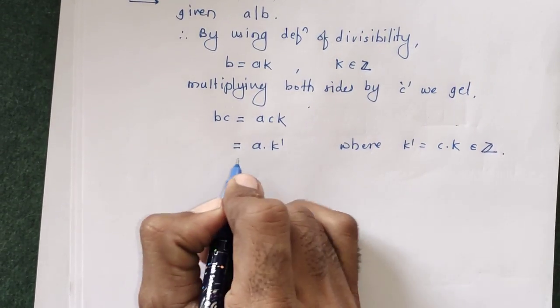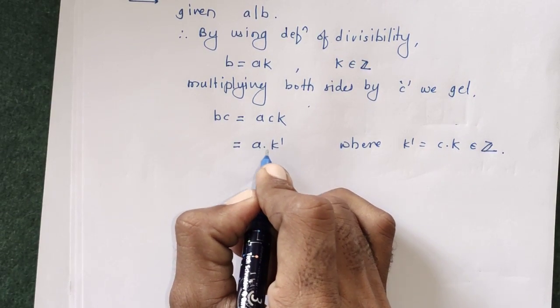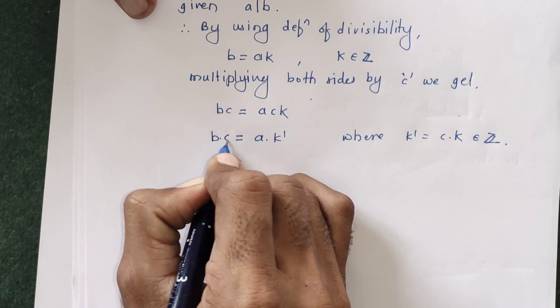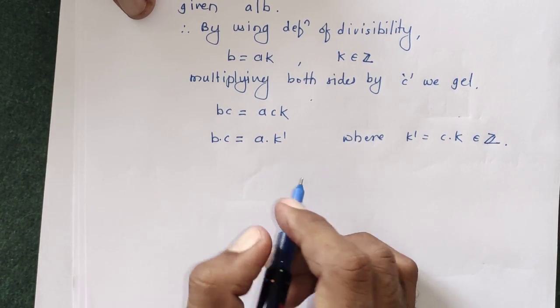So we get B into C is equal to A into some K dash.